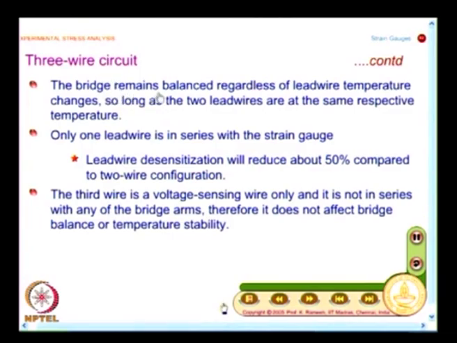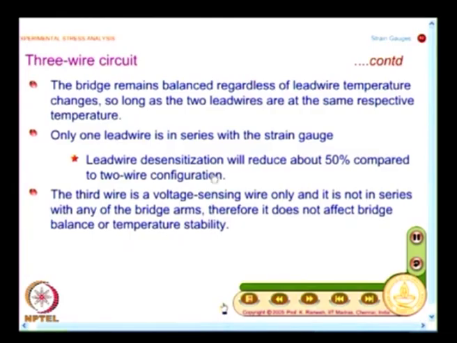The bridge remains balanced regardless of lead wire temperature changes, and lead wire desensitization will reduce about 50% compared to 2 wire configuration. The third wire is a voltage sensing wire, therefore, it does not affect bridge balance or temperature stability.